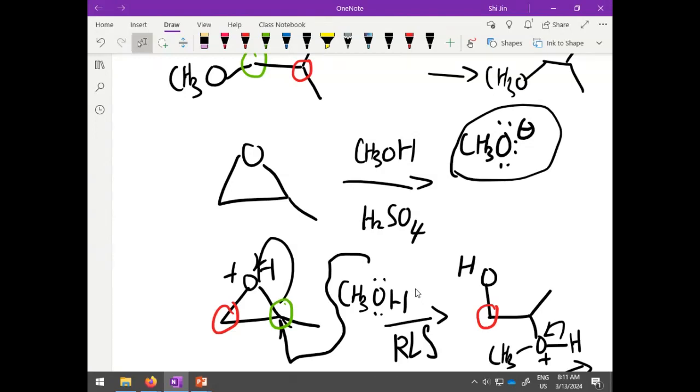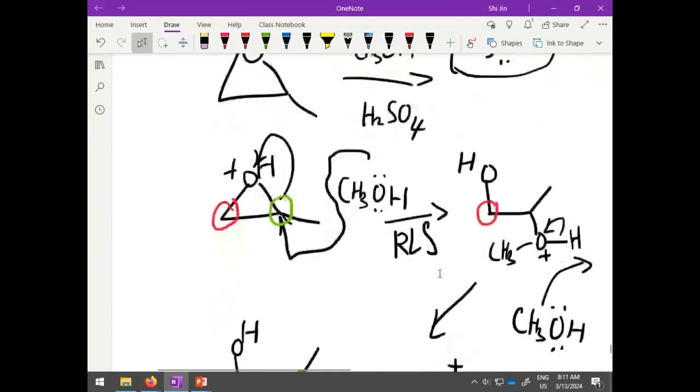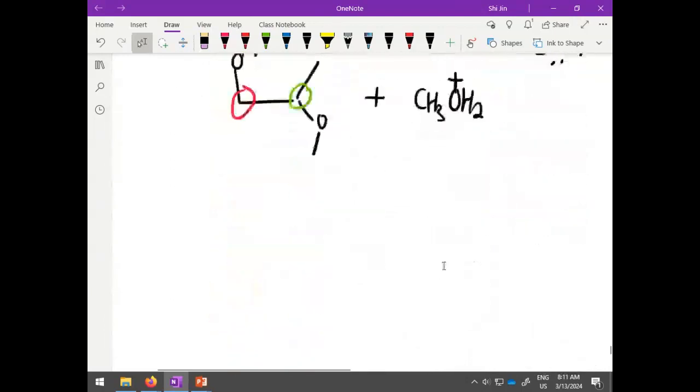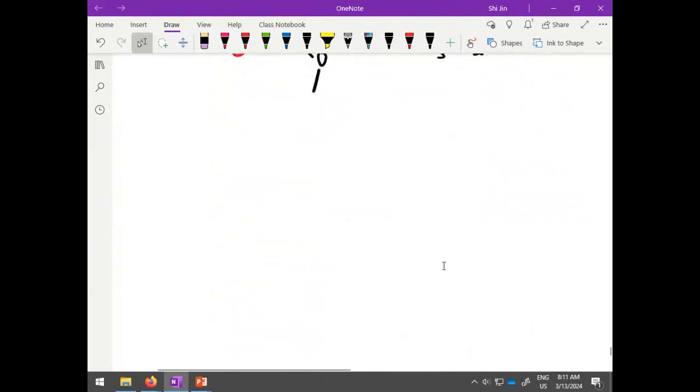Because how do we know the methoxide ion concentration? You can cheat, okay? Methanol has the same acidity as water, similar. Okay, they are indeed very similar. So you can calculate if you need to form methoxide ion, okay?